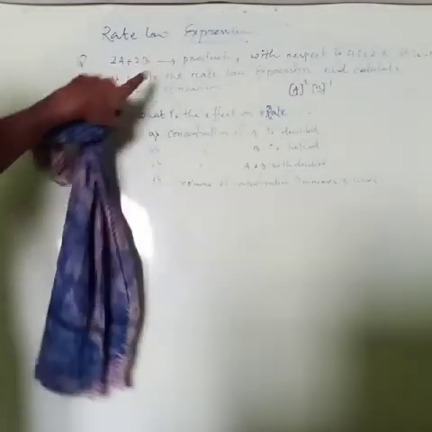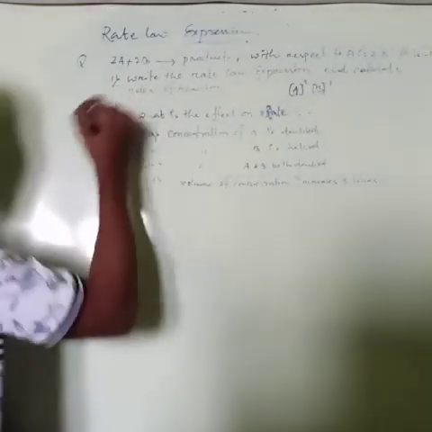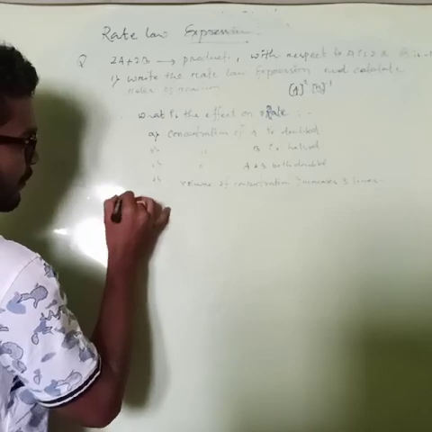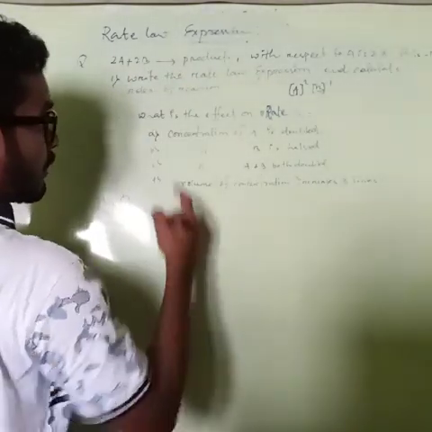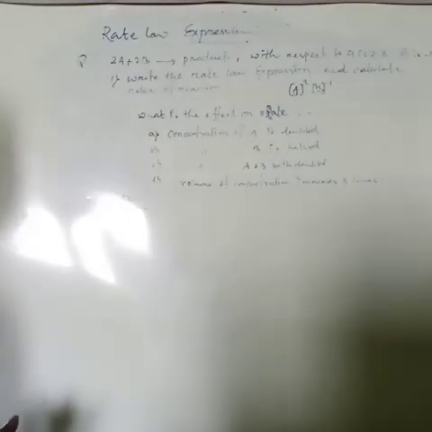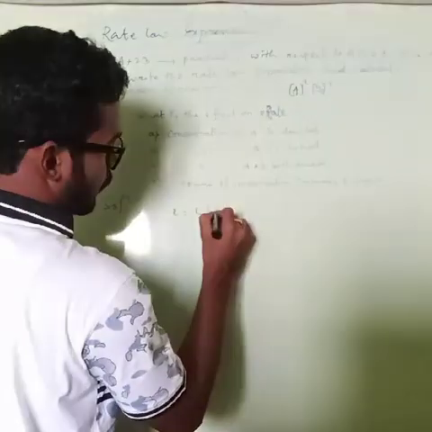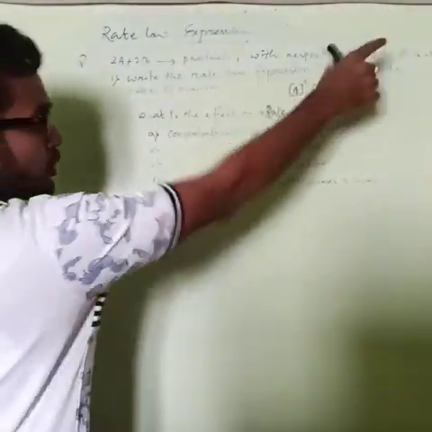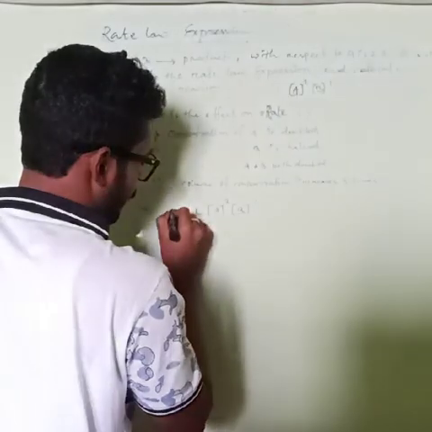First part of this question: rate law expression. What is the rate law expression? R equals, given this, yes or no? So R equals k A to the power 2, that is already given, and B to the power minus 1.